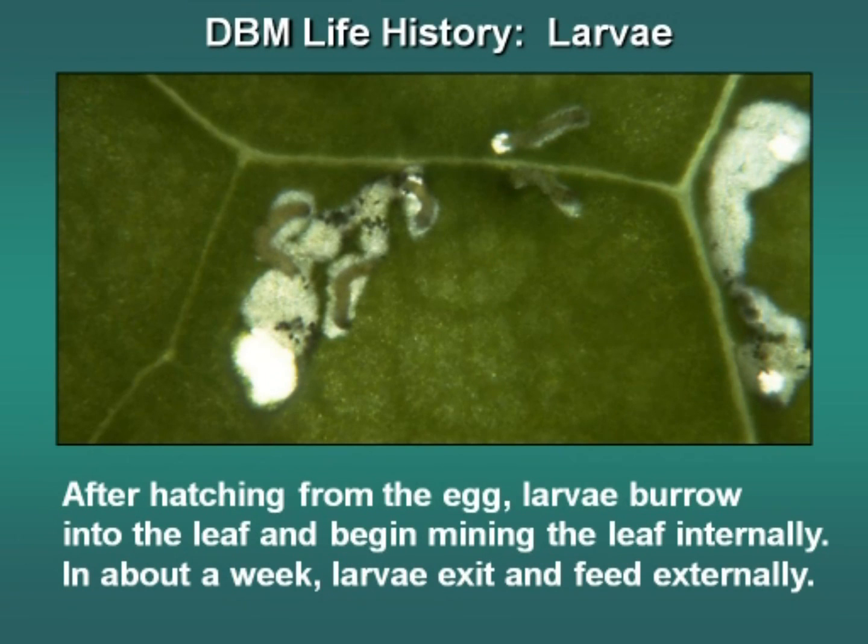Diamondback moth larvae go through 4 developmental stages, or 4 instars. The first instar is a tiny little insect larva that actually mines canola leaves. So it mines the nutritious tissue between the upper and the lower epidermis in canola leaves. So here, for instance, is where a diamondback moth egg was laid.